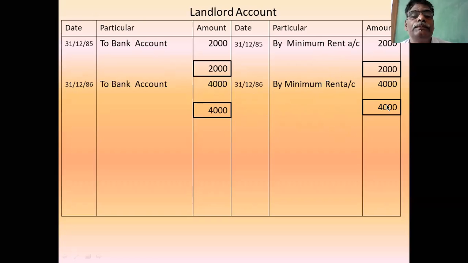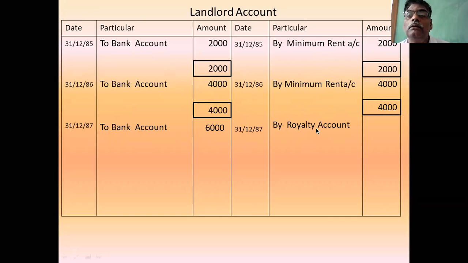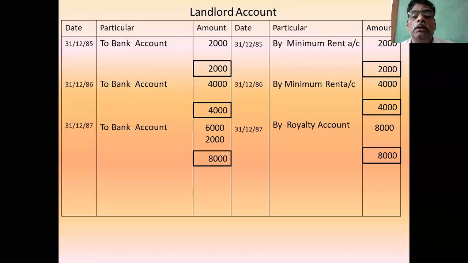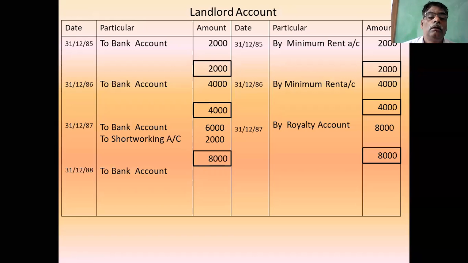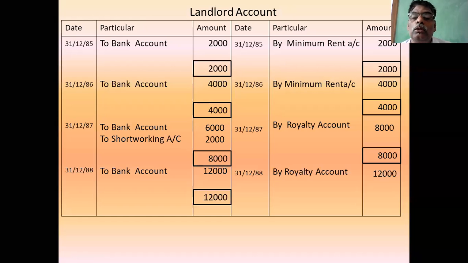You remember this point. Second year completed. Third year, bank payment is 6,000. By royalty, the original method started. By royalty account 8,000 because there is no minimum rent for this year. Minimum rent account for this year is not prepared. Total 8,000, difference 2,000 goes to short working account. To bank account last year 12,000, by royalty account 12,000, total 12,000.